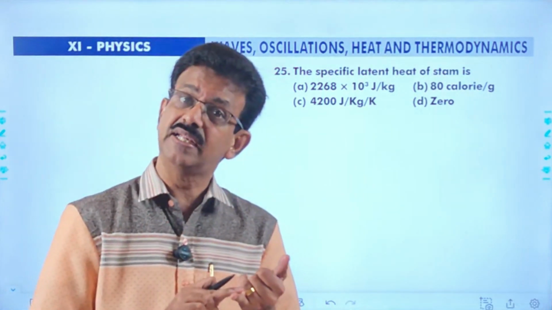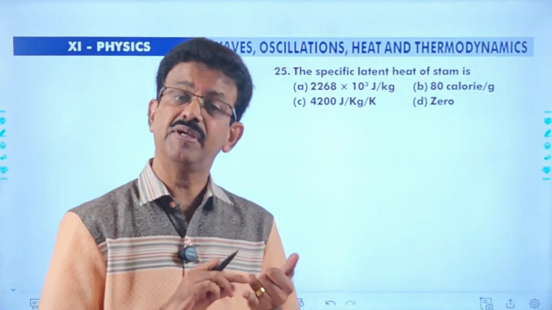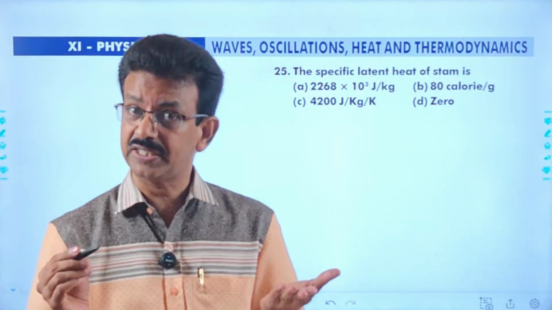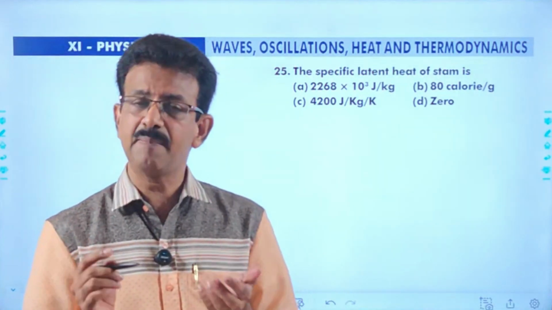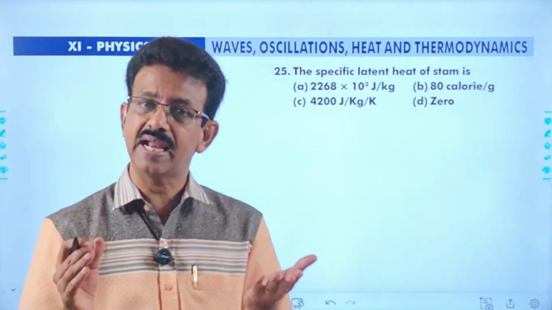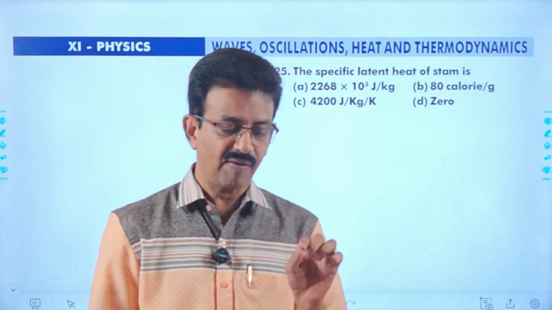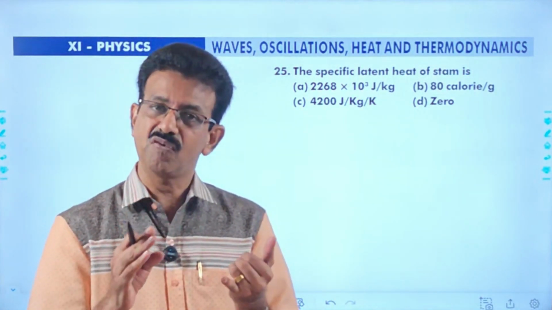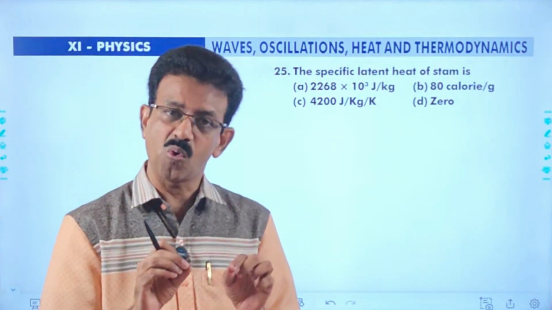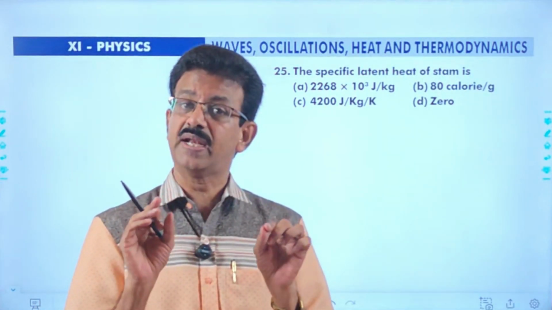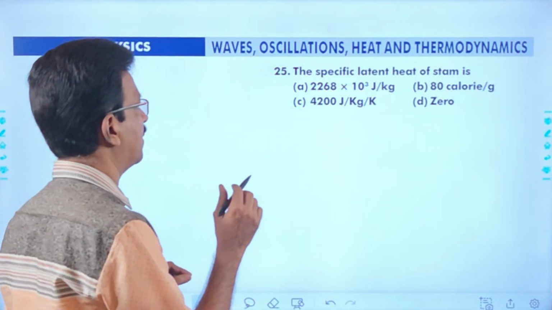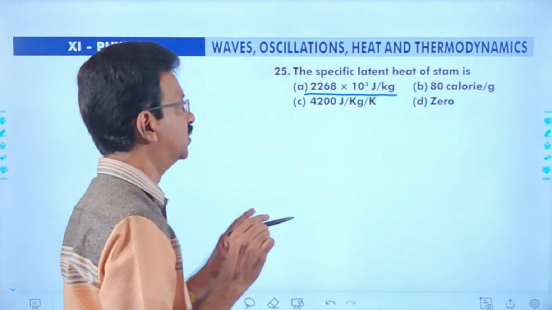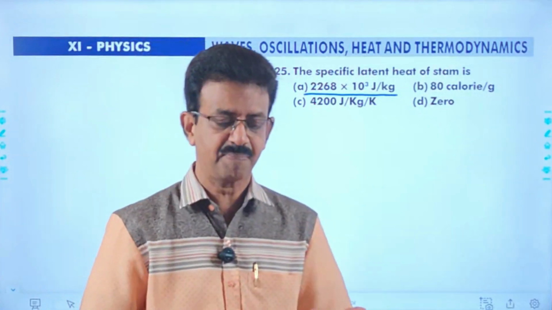The specific latent heat of steam, or of vaporization, is 2268 times 10 raised to 3 joule per kilogram, or 540 calorie per gram. Therefore, here the answer is 2268 times 10 raised to 3 joule per kilogram.